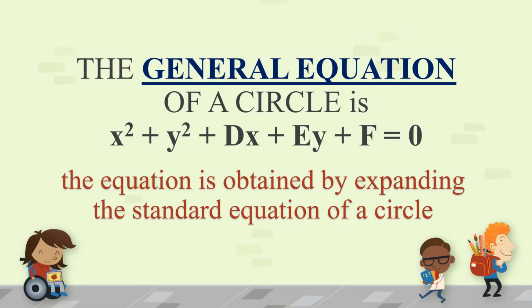The general equation of a circle is x squared plus y squared plus dx plus ey plus f is equal to 0. Wherein yung d, yung e nyo, are the numerical coefficients and then your f is a constant term. The equation is obtained by expanding the standard equation of a circle.